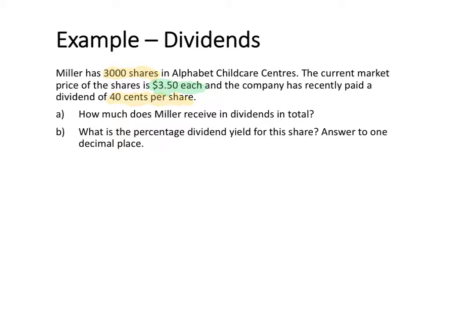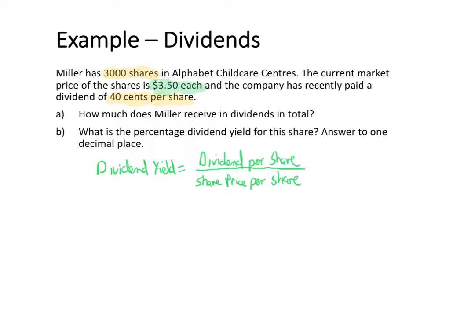So now I have the information I need to calculate the dividend yield, and I'll start off by writing down my formula. So dividend yield is equal to the dividend paid per share divided by the share price per share. So substituting in the values, it's going to be 0.40 divided by $3.50, and that is going to equal 0.1143.